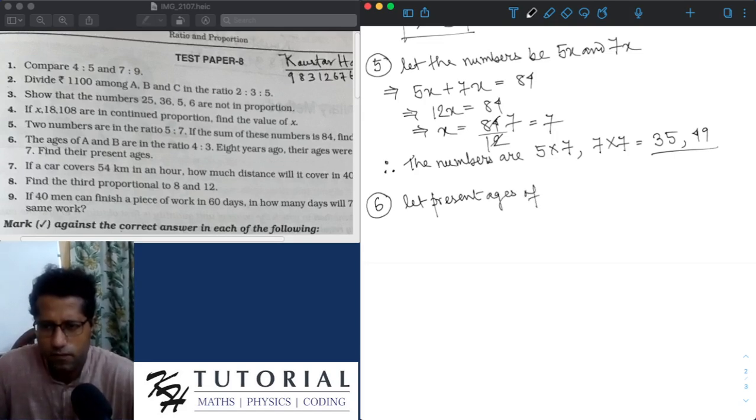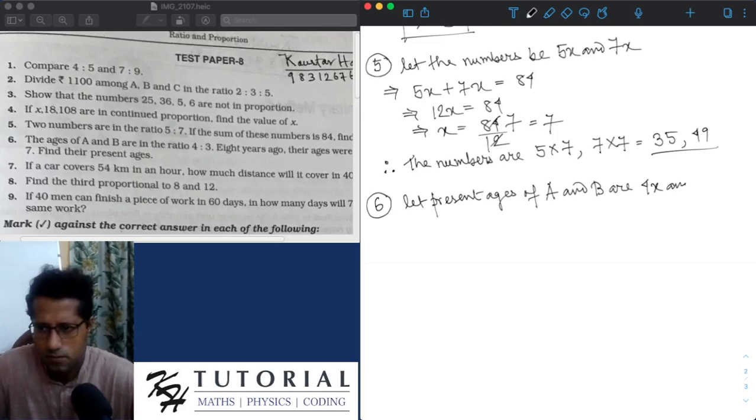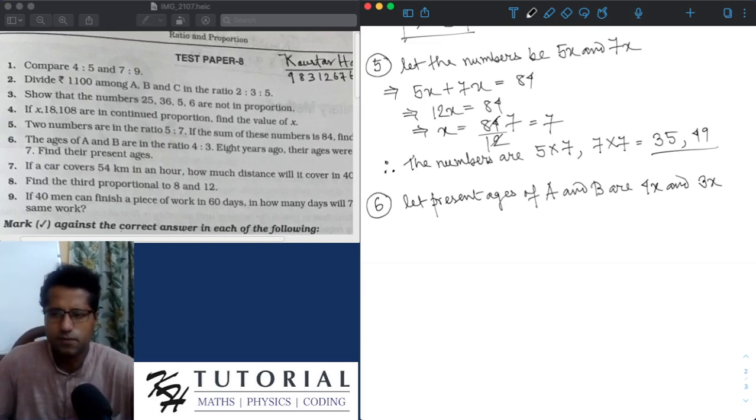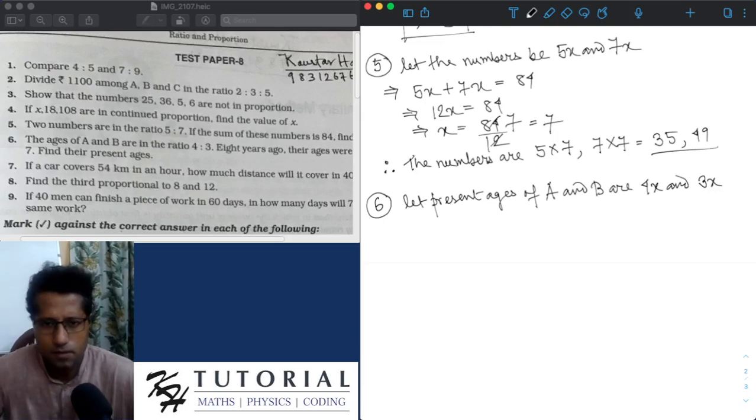We assume the present ages of A and B are 4x and 3x, since the ratio given is 4:3. Now from the other facts we have to find x, then only we can find the actual present ages of A and B.